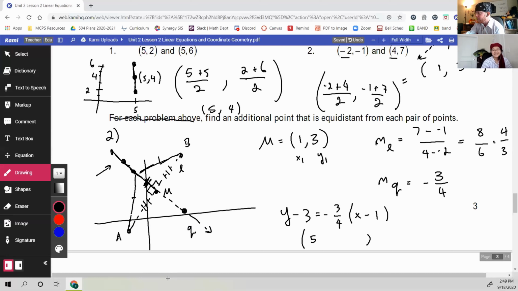5 minus 1 is 4. 4 times -3/4 is -3. Add 3 to both sides and we are left with 0. (5, 0) is this point right here. We have succeeded.